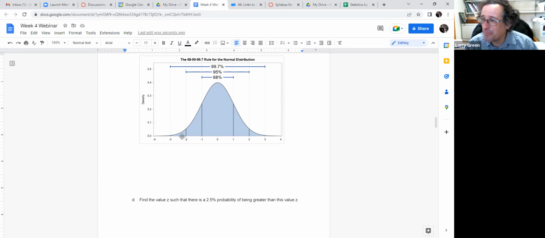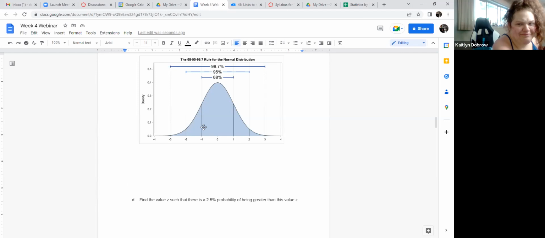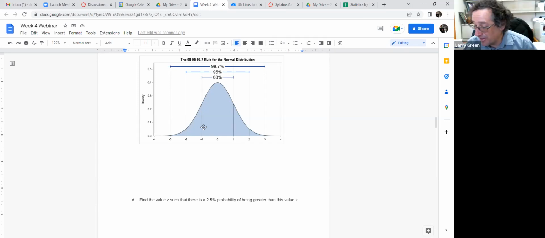If 2.5% of the people are taller than you, are you tall or are you short? If 2.5% of everyone is taller than you, are you tall or short? Short.